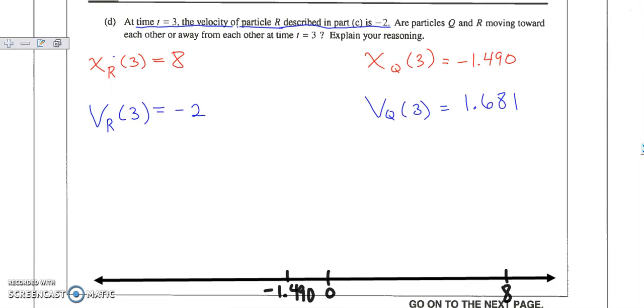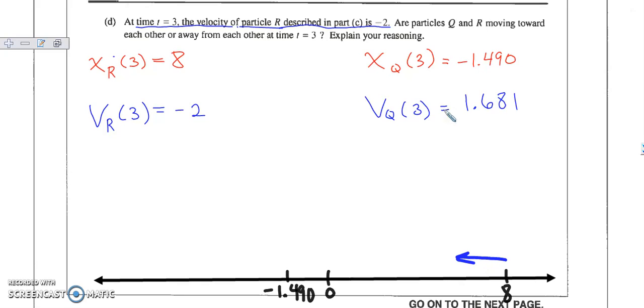And I'm going to explain this using a number line. Somewhere on my number line, 8 is over here, negative 1.490 is over here. So the negative 1.490 is the position for particle Q, and the 8 is the position for particle R. Notice that the velocity at t equals 3 for particle R is negative, so we go to the left.